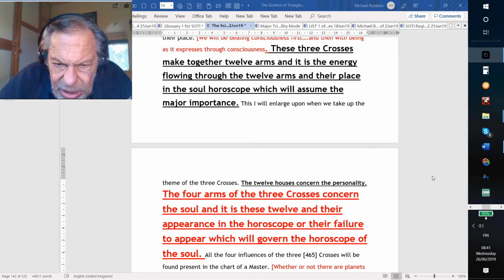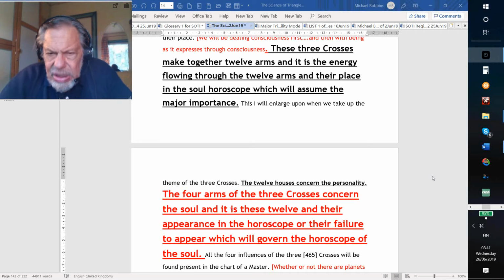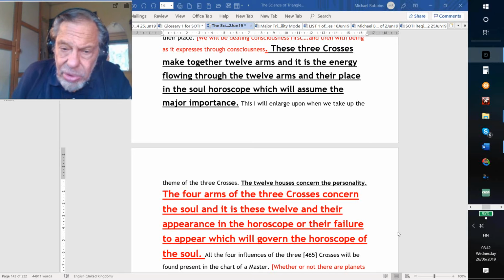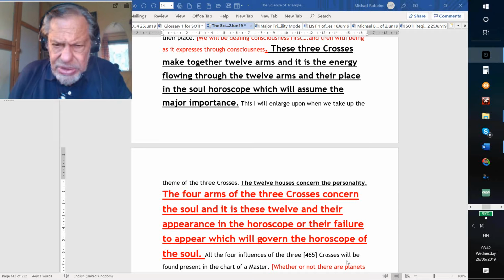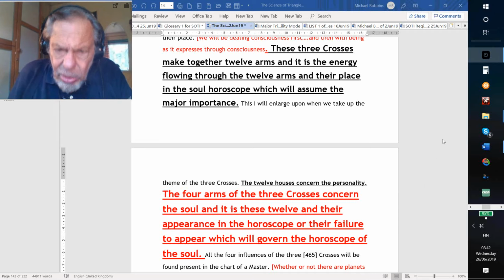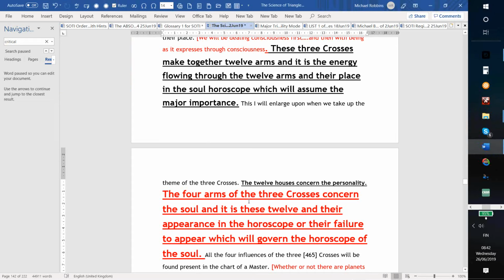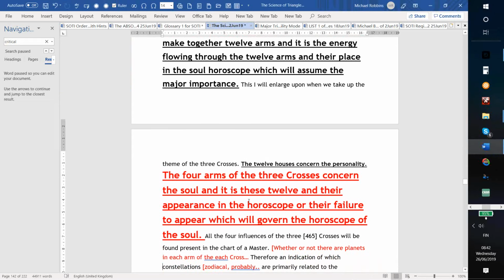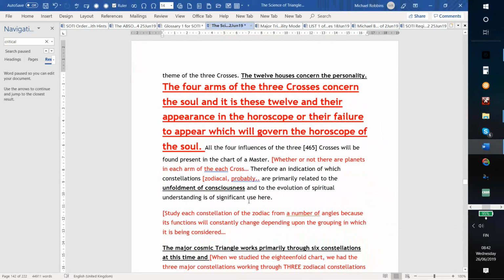All of the 4 influences of the 3 crosses will be found present in the chart of a master. And the masters consult their own charts too, and in different ways. And they consult our charts in ways that are different from the way we usually approach a horoscope. I say whether or not there are planets in each arm of each cross.